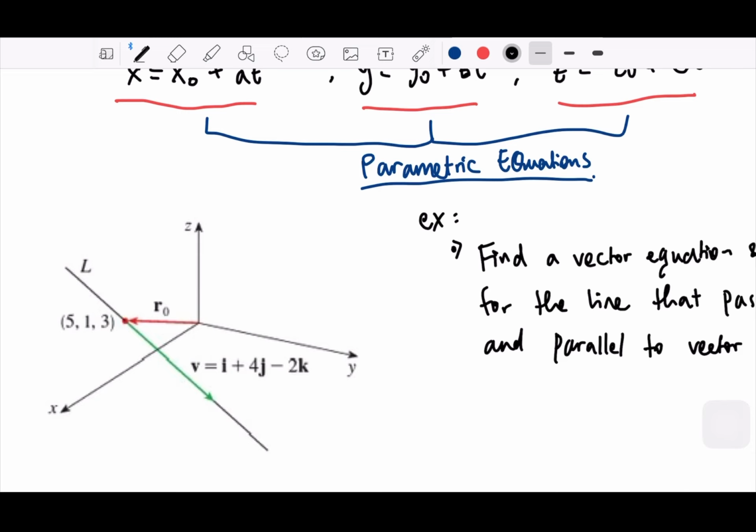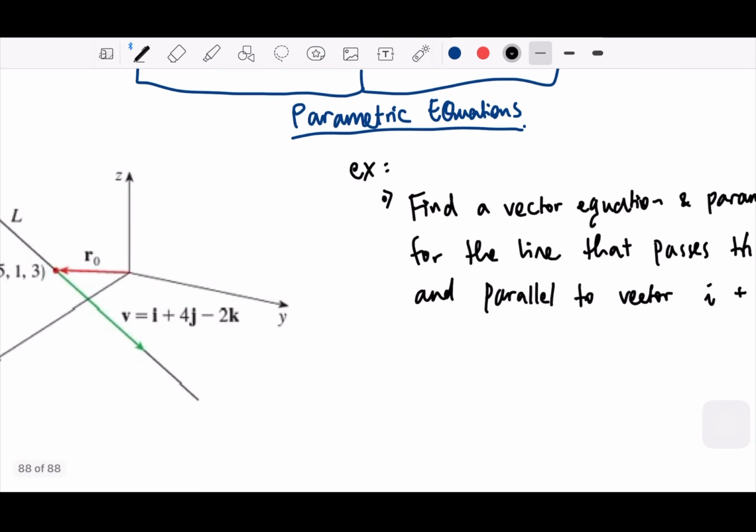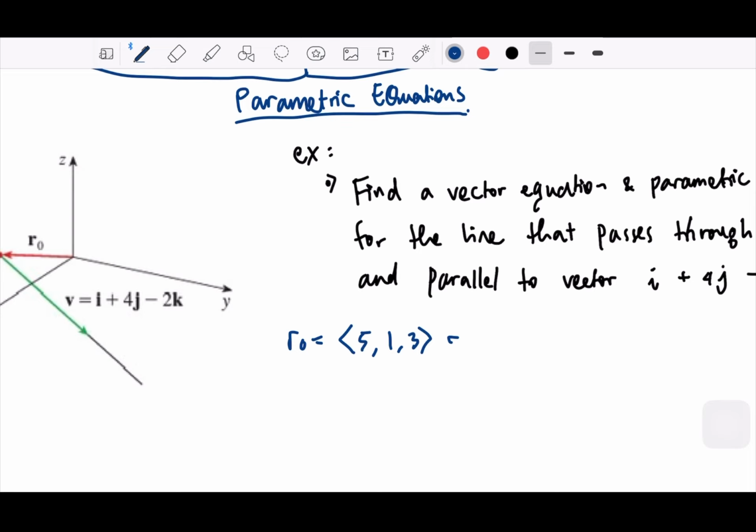Let's say this is the direction. So we can take R0 as (5, 1, 3), or we can write it as 5i plus j plus 3k. And we have v as i plus 4j minus 2k.